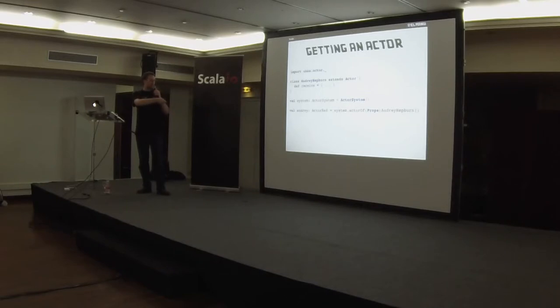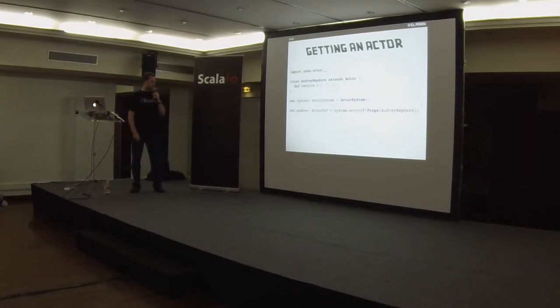We will look into that in the next slide. Then we have an actor system, which is where all the actors live. And at the end, we ask the actor system, please actor system, I want an instance of an Audrey Hepburn actor. And then you don't get an actor itself, you actually only get the phone number, the actor reference.